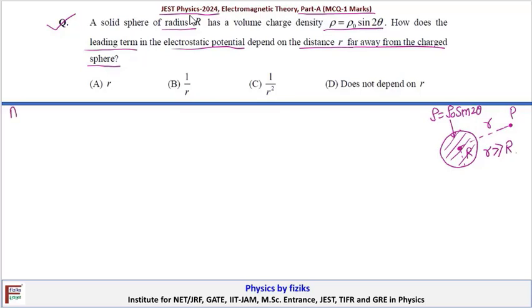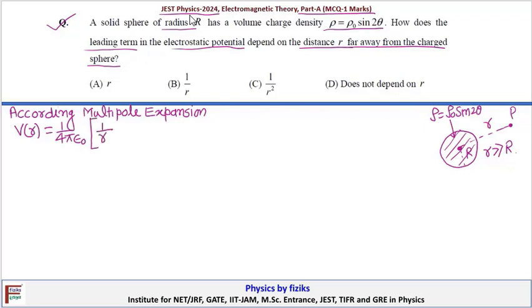Now let's see what the formula for the multipole expansion is. According to the multipole expansion, the potential V(r) is given by 1 by 4 pi epsilon naught. The first dependence is 1 by r.